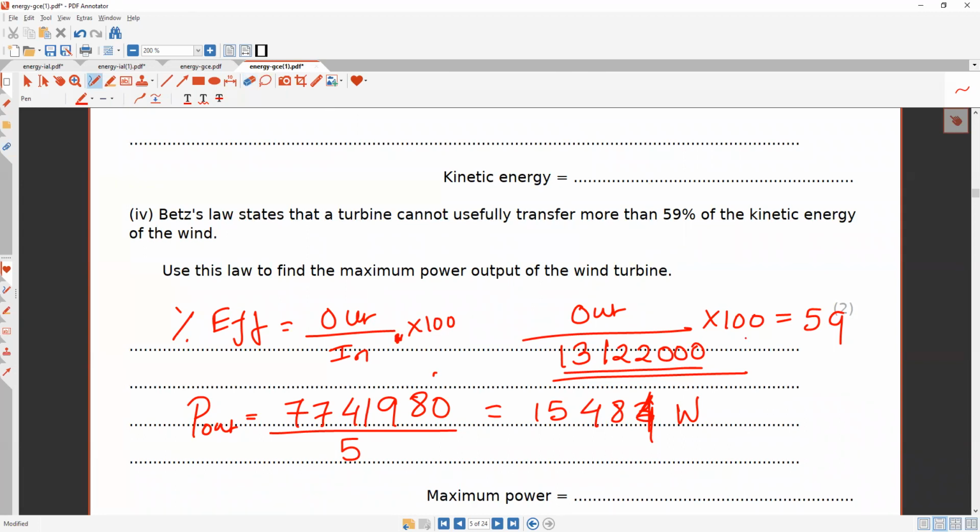It is 59 percent, so multiply by 0.59. 7741980, divided by 5. So you are getting 1.58 megawatt.